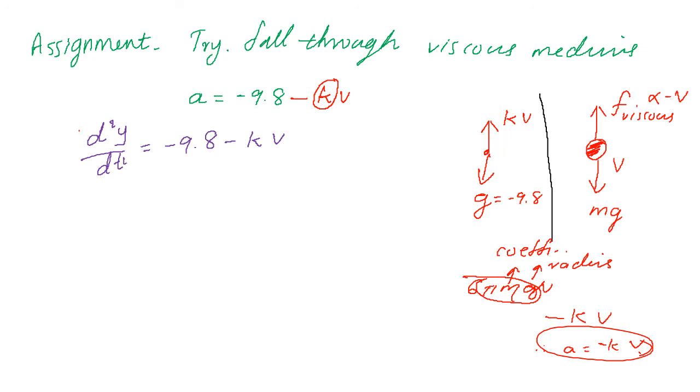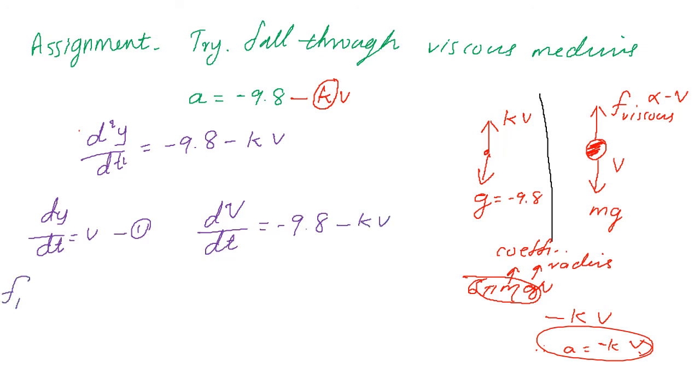As we have done earlier, we write dy by dt is equal to v as the first equation, and with that substitution dv by dt becomes equal to minus 9.8 minus kV. So previously our F1 was just V, now also it is V, but F2 has changed. Before it was just minus 9.8, but now it is minus 9.8 minus kV.